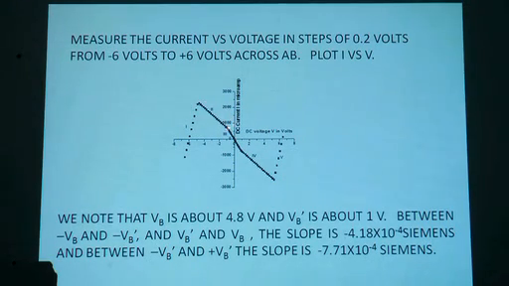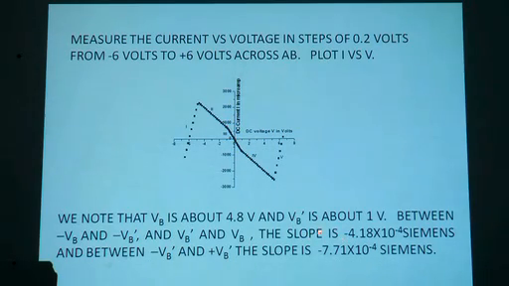Between minus 5 to minus 1 volt, you have a negative slope, and between plus 1 and plus 5 volts, you have the same negative slope. Between minus 1 and plus 1, you have a much larger negative slope.